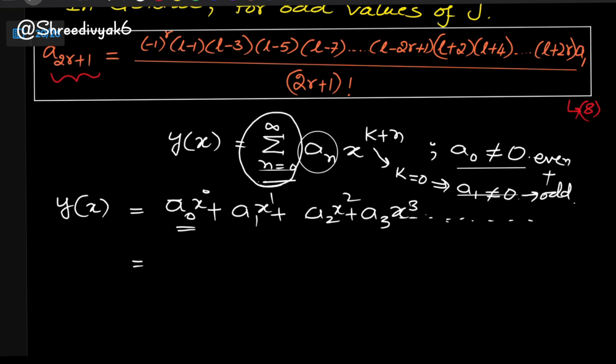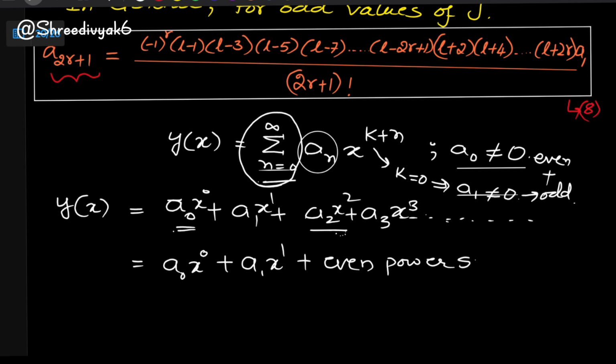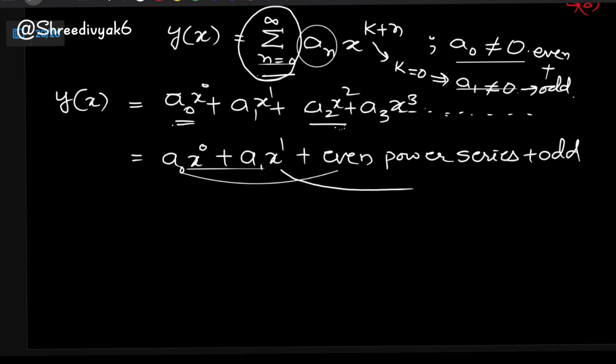So this thing we are writing as a naught into x raised to 0 plus a1 x raised to 1 plus, for a2 we had found it even power series. So even power series is in terms of a naught, right? So here we are getting even power series and odd power series. So a naught and even power series, I can group them into one. A1 x raised to 1 and odd power series I can group into another.